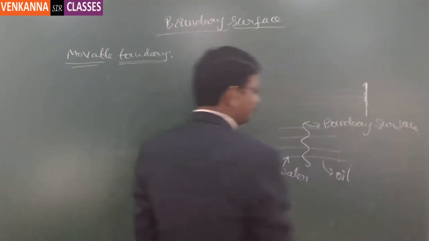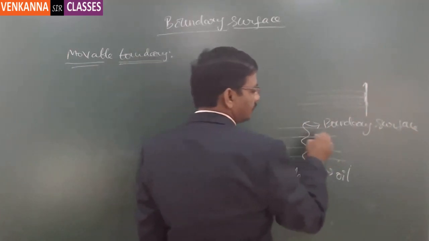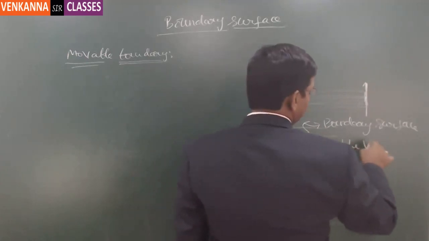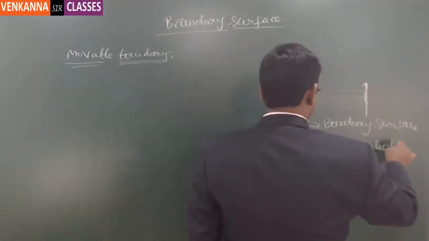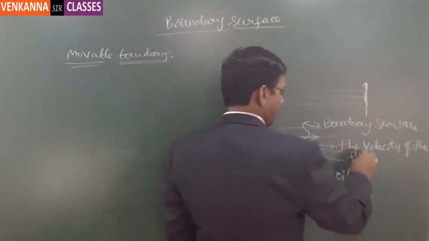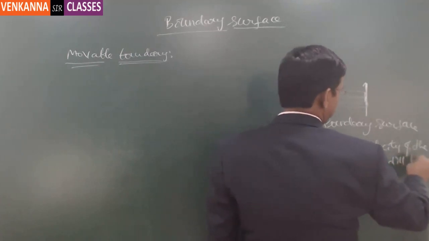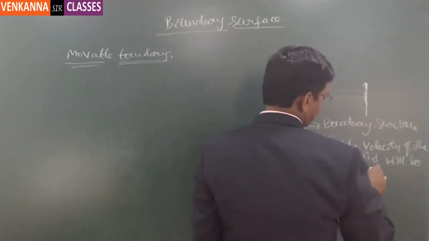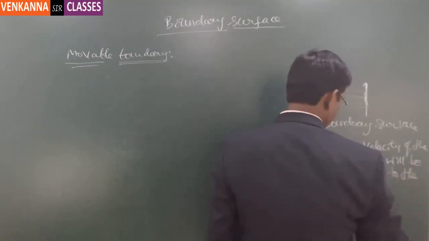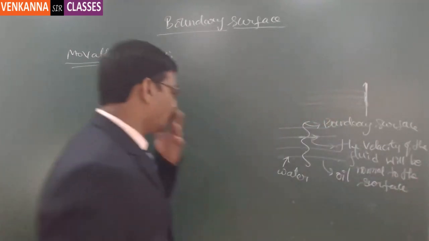If this water is moving this way, then the velocity of the fluid will be normal to the surface. Got it? So this is a movable boundary.